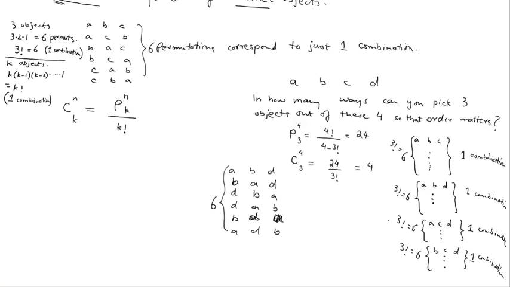Therefore, you just divide by 3 factorial and you'll get the number of combinations, right? You divide the permutations by the number of orderings, because these 3 factorial orderings are counted as one combination. So just divide 24 by 6 and you get your combinations.